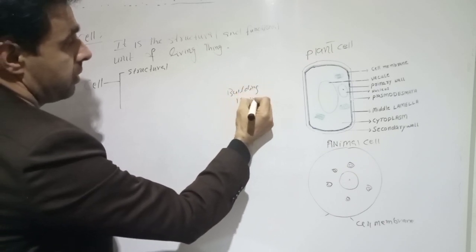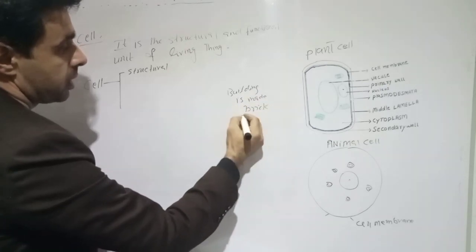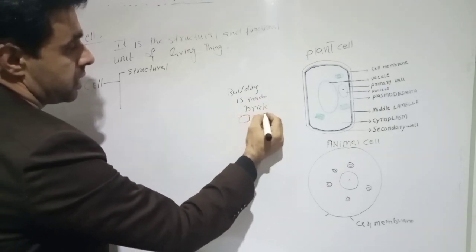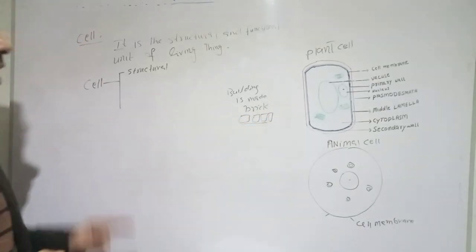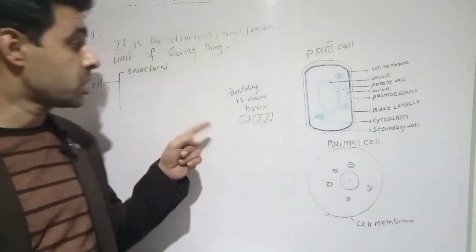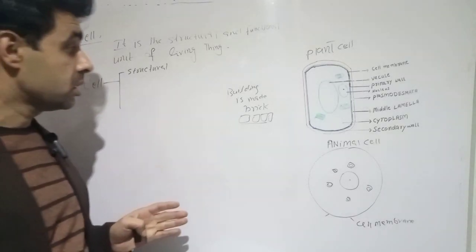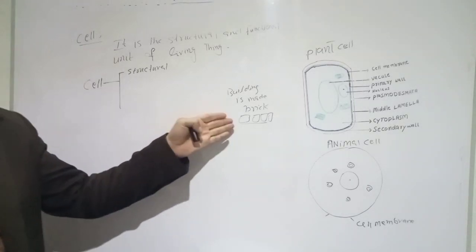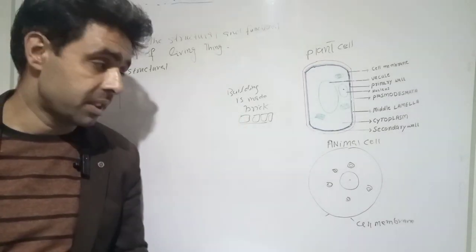Its wall is made of bricks. Now we can say that the structural unit of a building is called bricks.